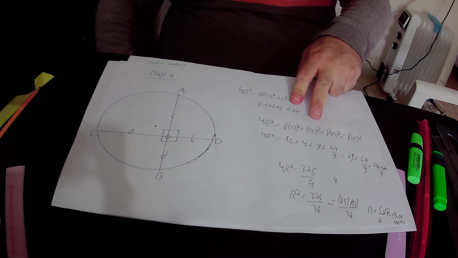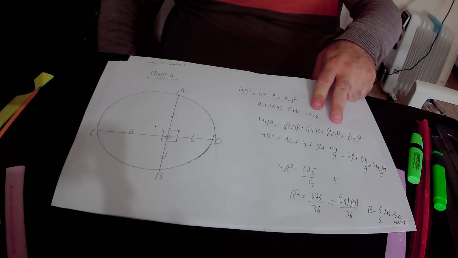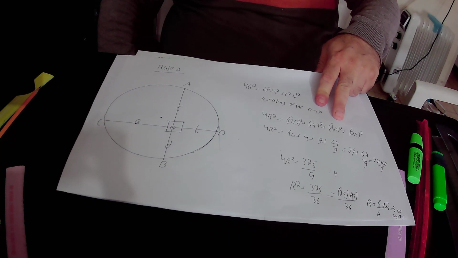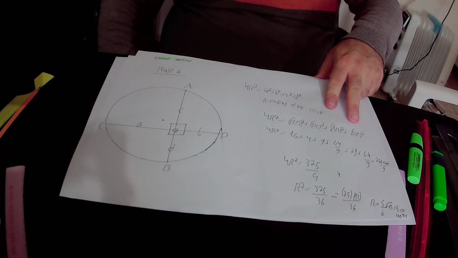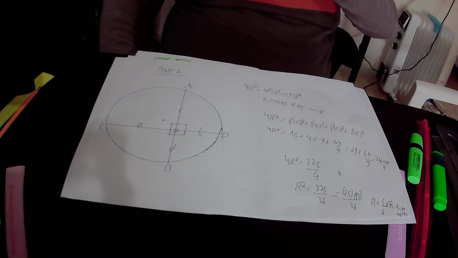DC is 2, so DC squared is 4. AD is 3, so AD squared is 9. DE is 8 over 3, so DE squared is 8 over 3 squared, that is 64 over 9.